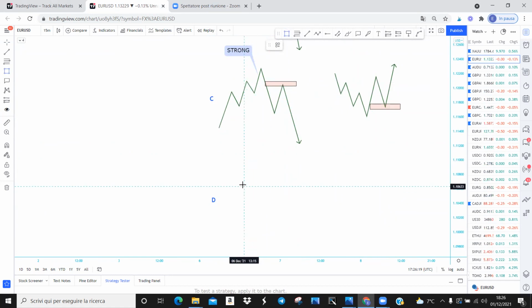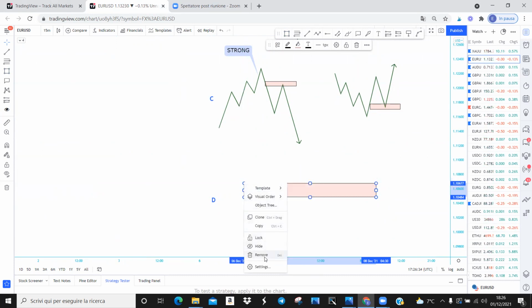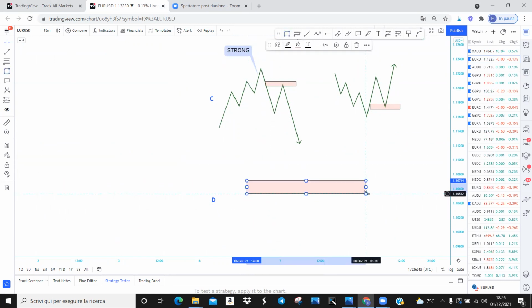Our D entry type is just a pending order at the zone. So we have the setups from the setup video, A, B, C, D, and F setups, but the entry is just with a pending order at the area.